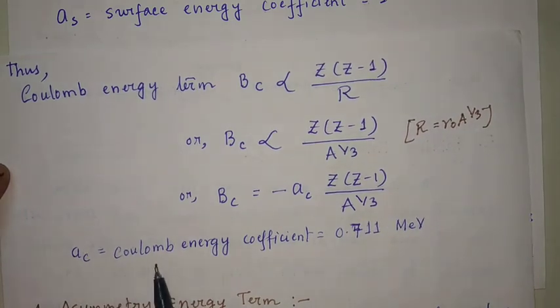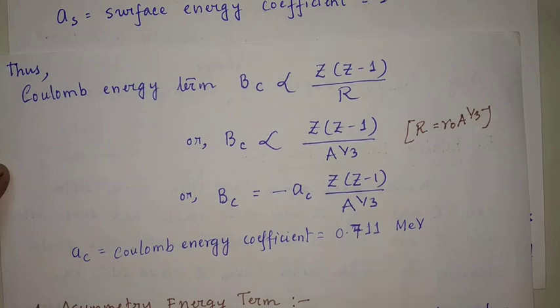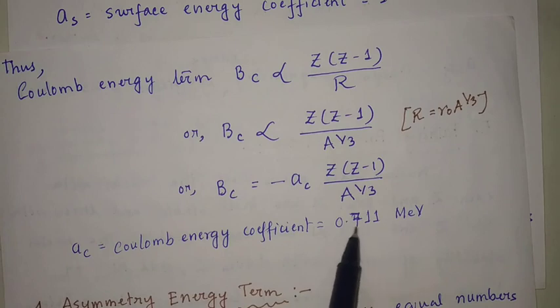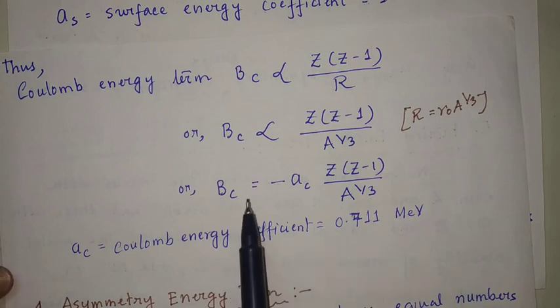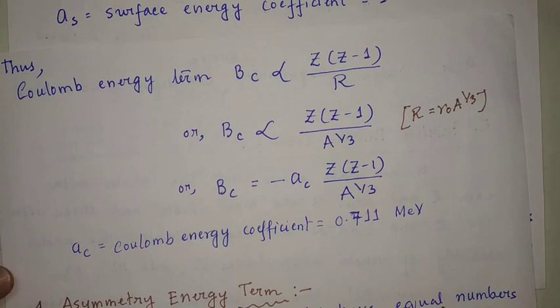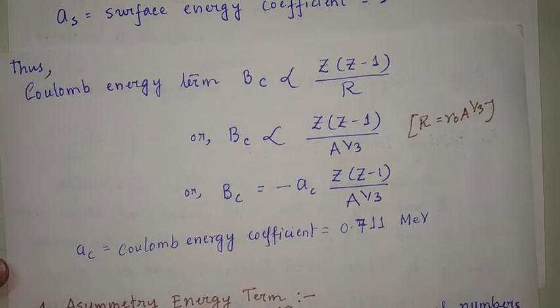AC is called the Coulomb energy coefficient, which has a value of 0.711 mega electron volt. You may find that in different books different values for the coefficients are used. You can use any number. And the negative sign here indicates that the Coulomb energy term decreases the stability of the nucleus or decreases the binding energy of the nucleus.